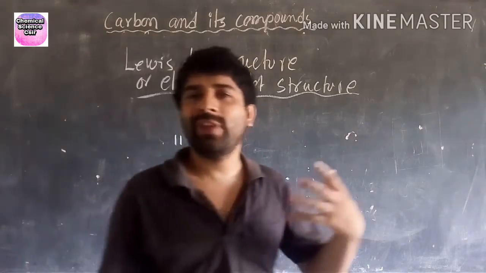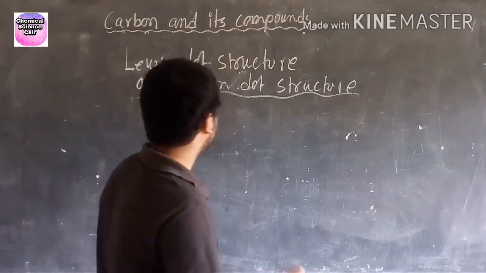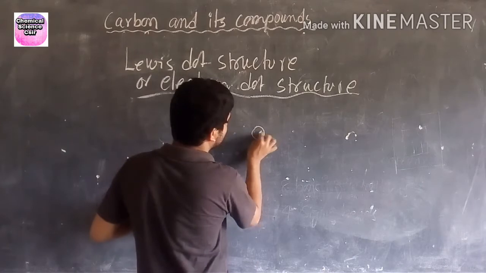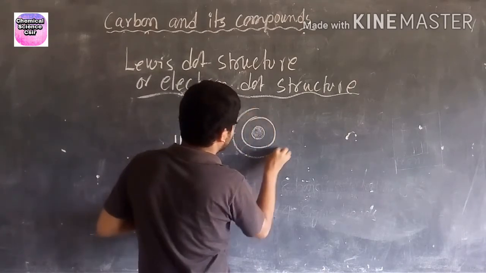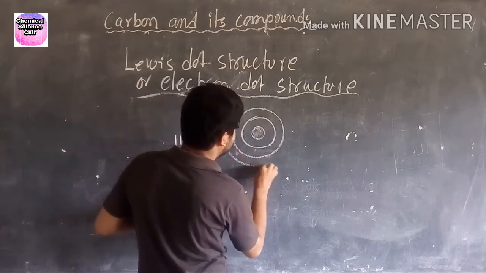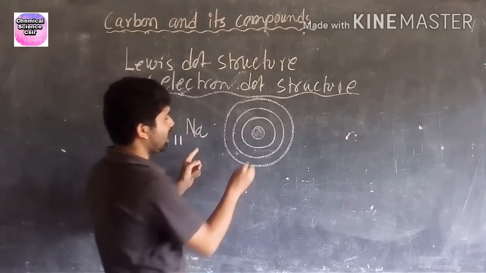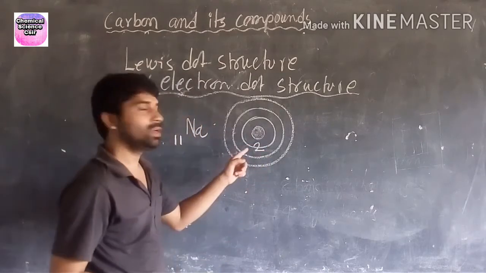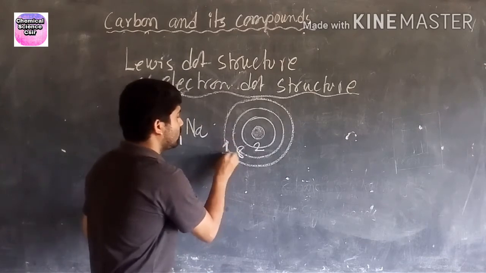Now, for the electron configuration according to the Bohr model, suppose this is the nucleus, and first, second and third shells. In the first shell, 2 electrons are occupied, second shell 8, third shell 1.